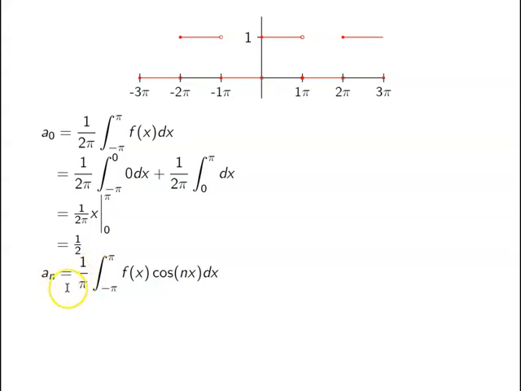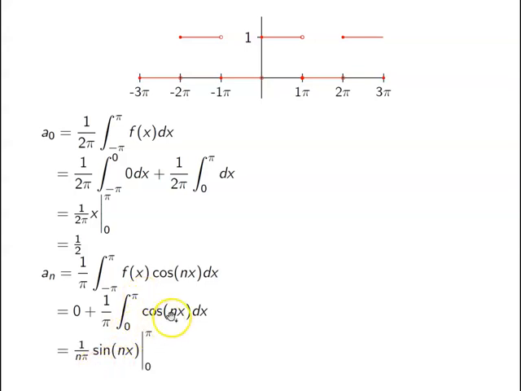My a sub n term, the generalized coefficient for the cosines, is given by 1 over pi, integrating from negative pi to pi my function times cosine of nx. Again, I need two different integrals. The first one goes to 0 because the function is 0, and in the second the function is 1, so I'm just finding the integral of cosine. We saw already that from negative pi to pi, cosine goes away, but that's not necessarily true from 0 to pi.